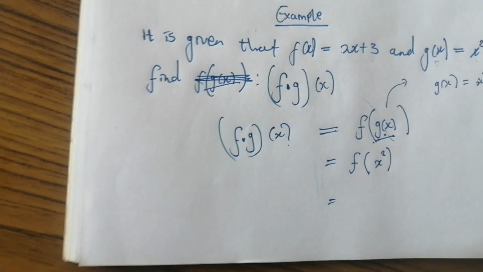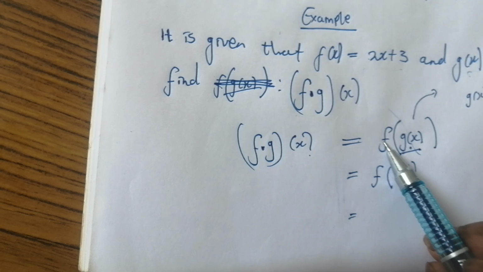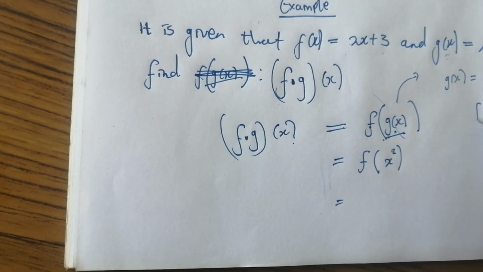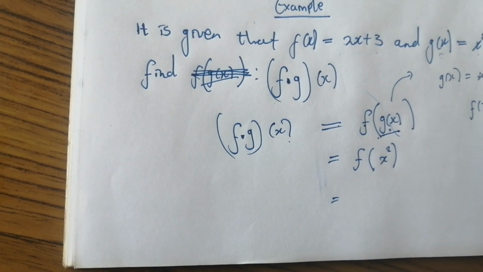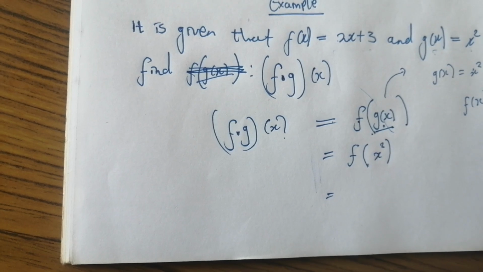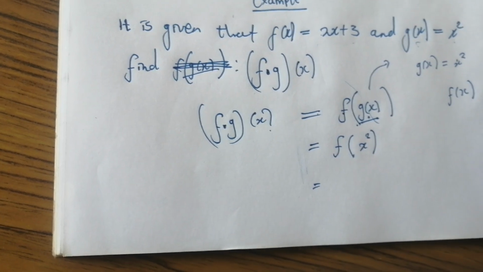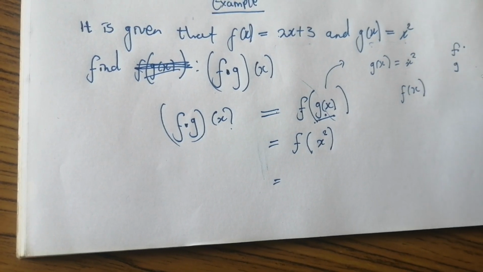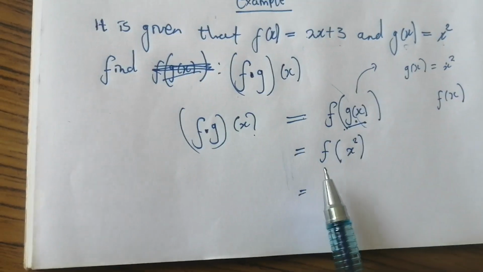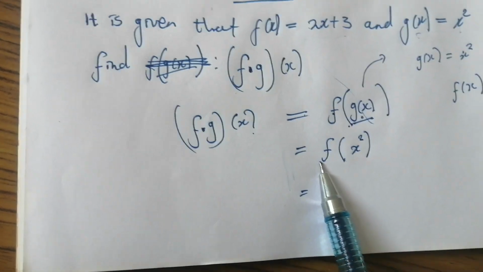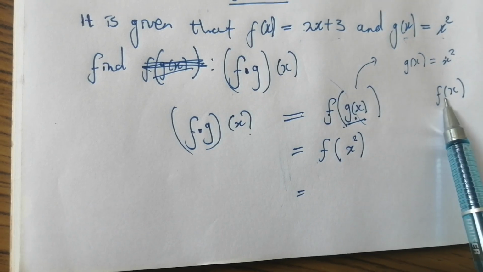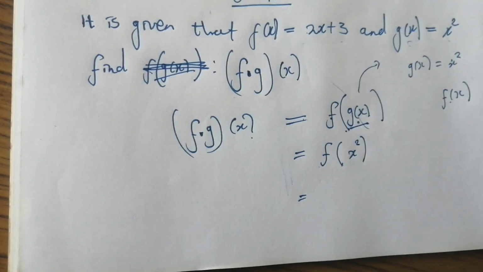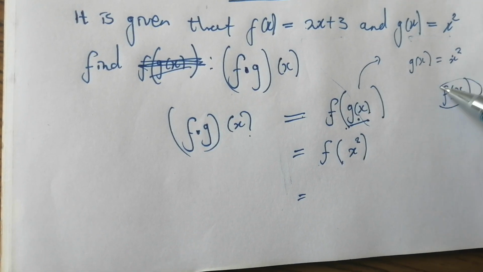Now, this f just means f of x. If they say f and g, it just means f of x or g of x. So this f stands for f of x. So let's write our f of x.